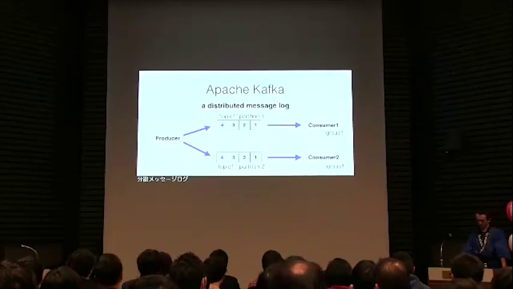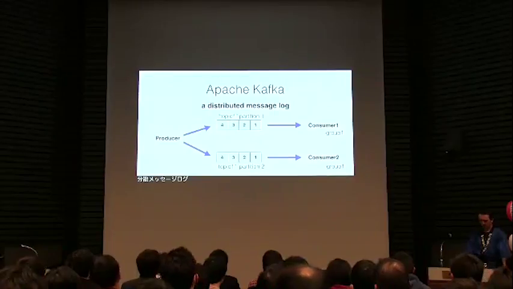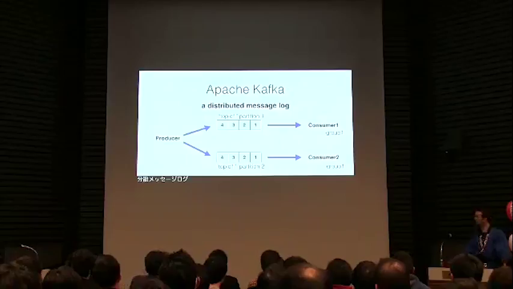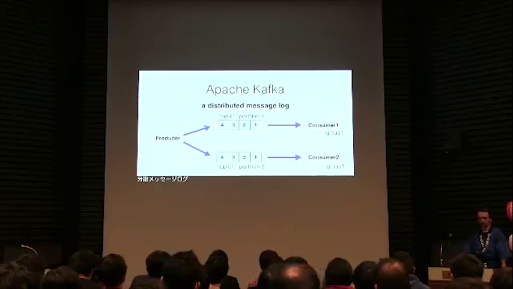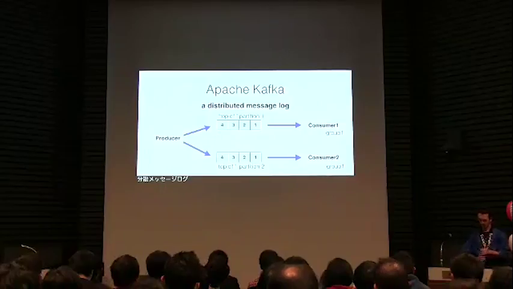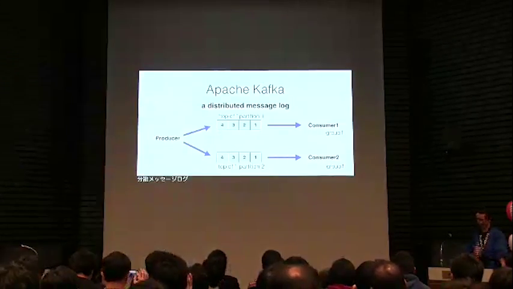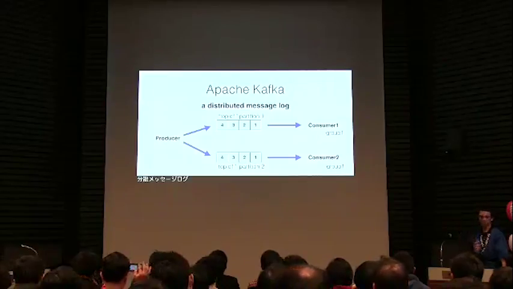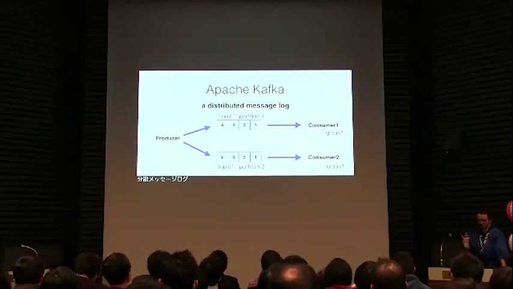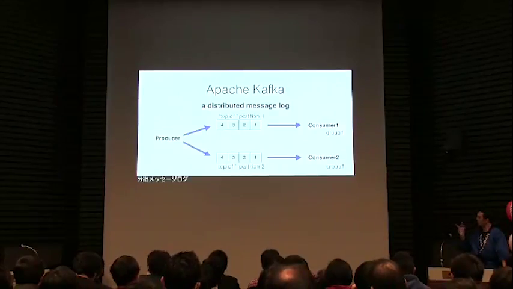But let's say another consumer joins the cluster. It is, for example, another instance of the first consumer. So now we have two consumers, or two instances of the same consumer. And we can see that there is a special identifier called the group identifier for each consumer. In this case, both consumers are labeled group 1.